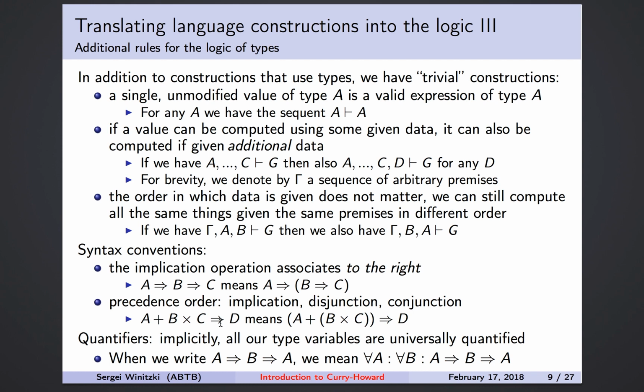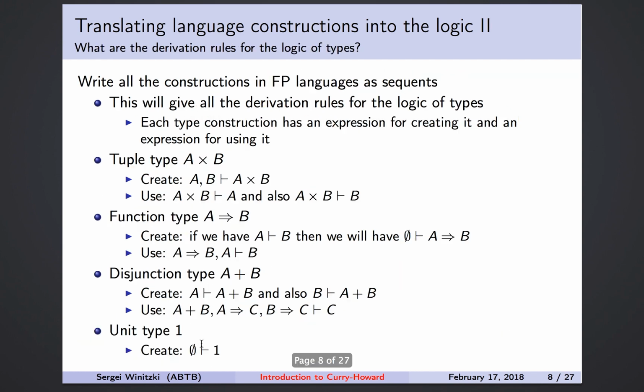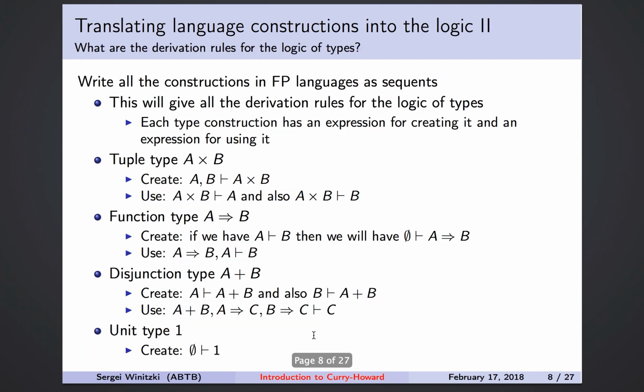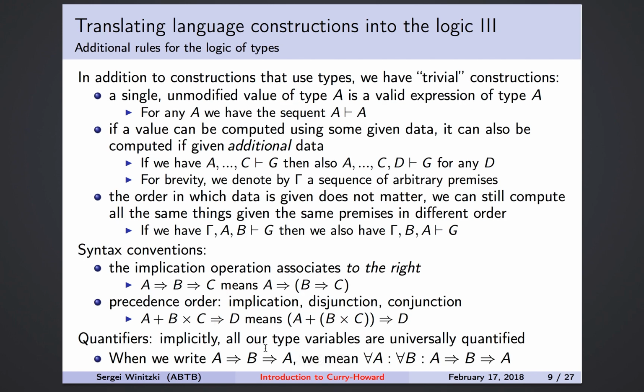Final important remark here is that we are talking a lot about A, B, and C and such propositions or formulas. What we actually mean is that these things are valid for all A, for all B, for all C. So we always imply that there is a for all in front of the entire expression with every variable that we use. In mathematics, this is called a universal quantifier.